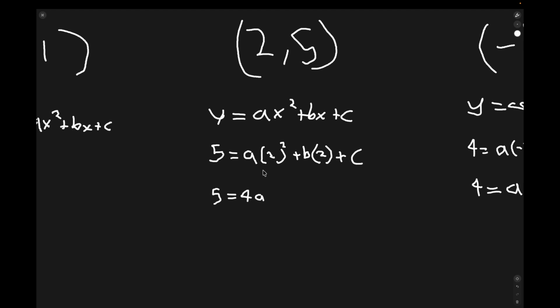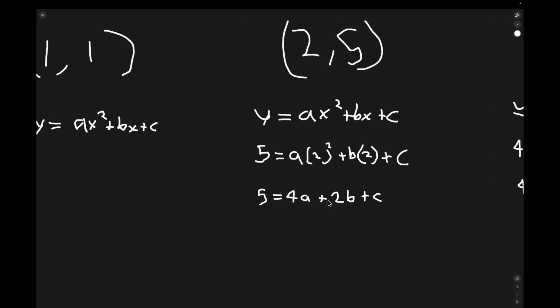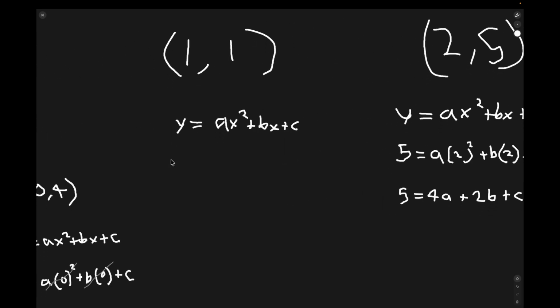We just swap the order of these, we're not actually changing the equation, and 2 squared is 4. Now 1 is equal to a times 1, so it's just going to be a plus b plus c.